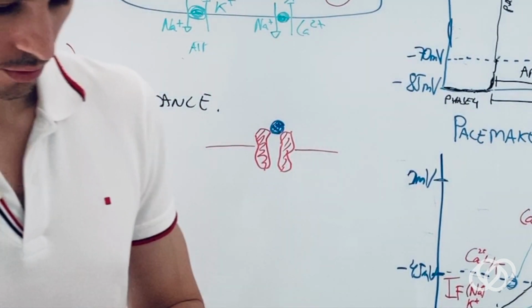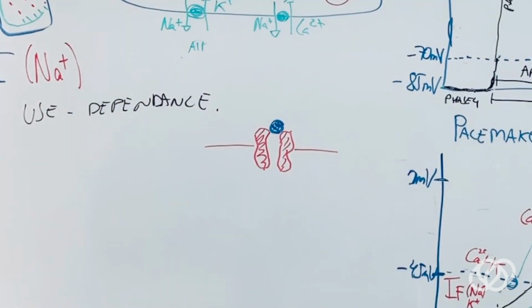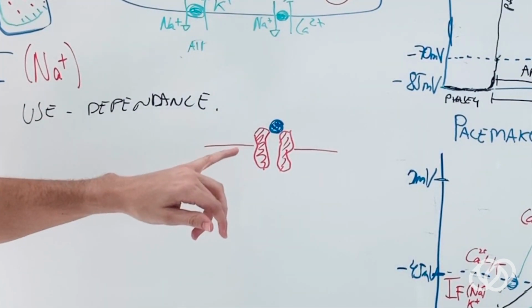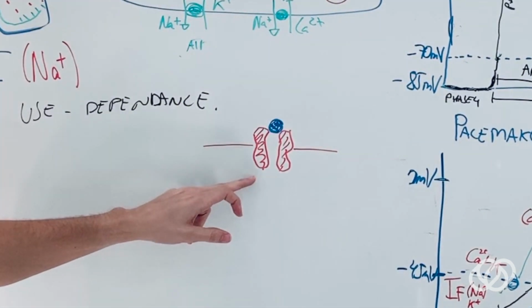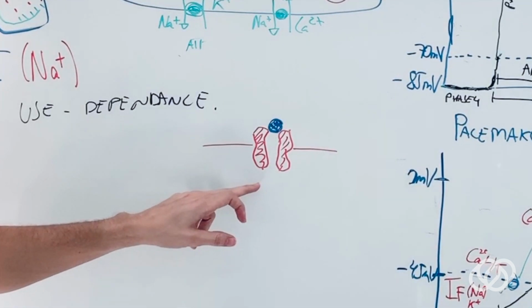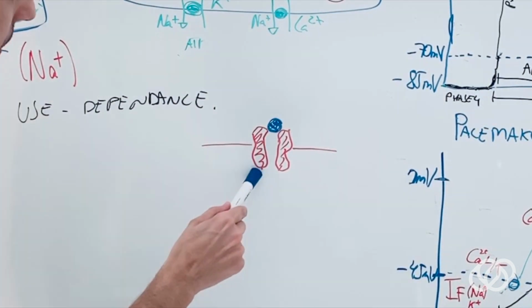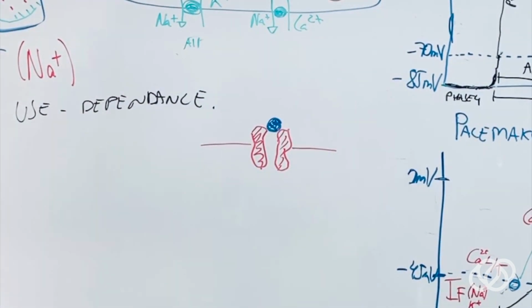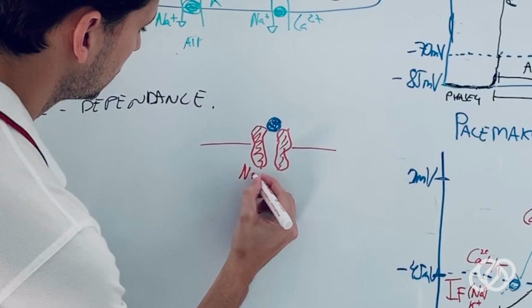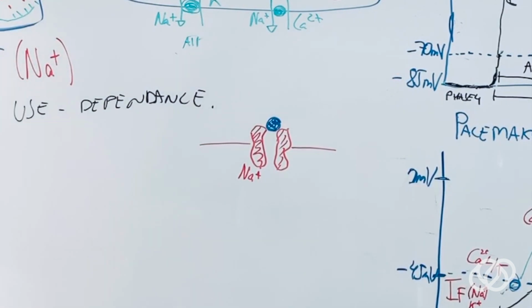The term use dependence in that case means that the drug has more effect when we use the channel more. So the more this channel, for example a sodium channel, is used, the more effective the drug is.